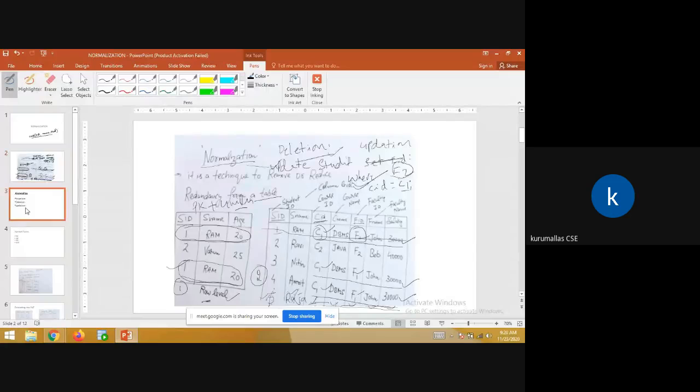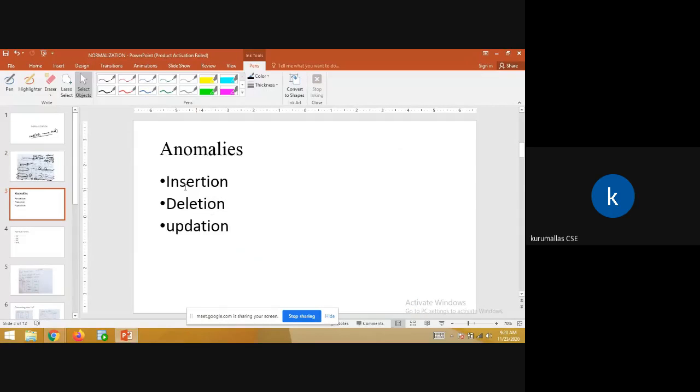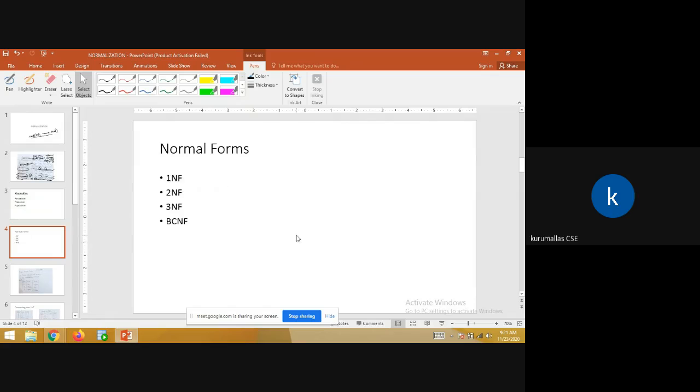These are the anomalies we have already discussed. How do we remove all these problems from the different types of row-level and column-level tables? We have different techniques, that is, normal forms. There are different types of normal forms.